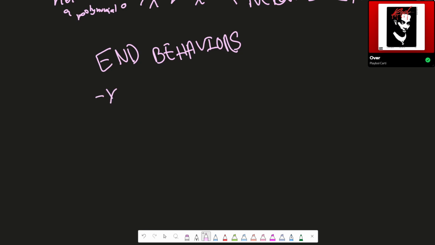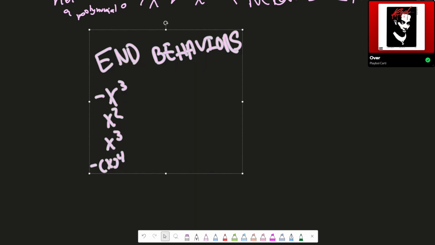Let's go negative x, x squared, x cubed, and negative x to the fourth. Or let's also use negative x cubed just to have fun. When we have a polynomial, or actually, let's save this for later. It'll come back pretty soon, don't worry, guys.